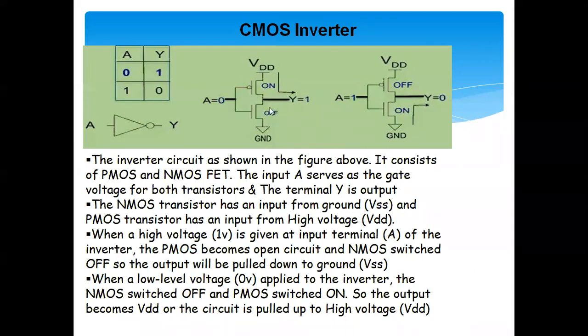If you connect the PMOS and NMOS in series with each other, where PMOS is at the upper side and NMOS is at the lower side, and you short the gate terminals of the PMOS and NMOS, or connect them together, this particular combination is called a CMOS inverter.